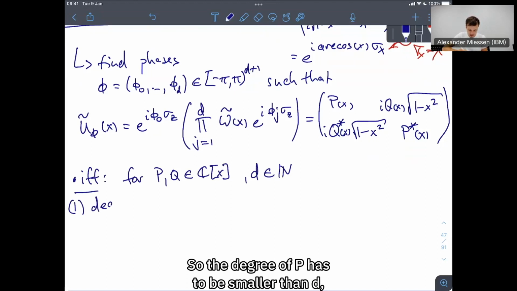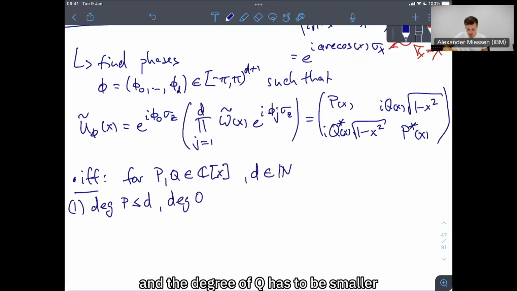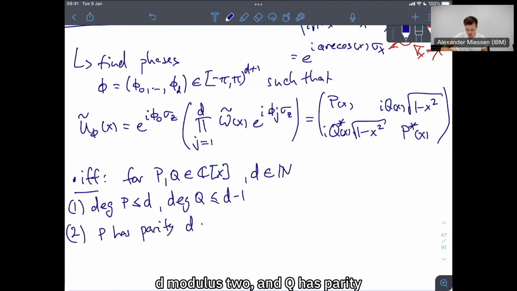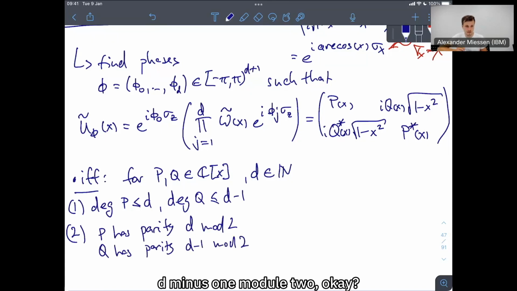So the degree of p has to be smaller or equal to d, and the degree of q has to be smaller or equal to d minus 1, okay? Second, p has parity d modulus 2, and q has parity d minus 1 mod 2, okay?